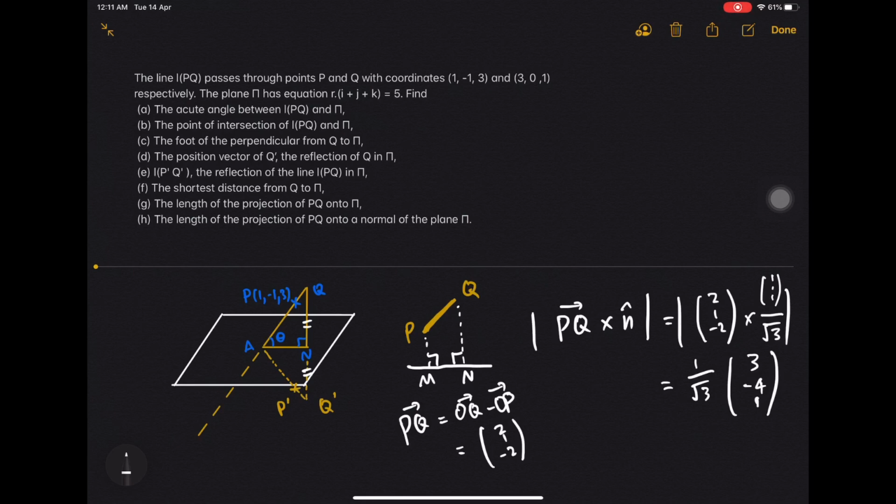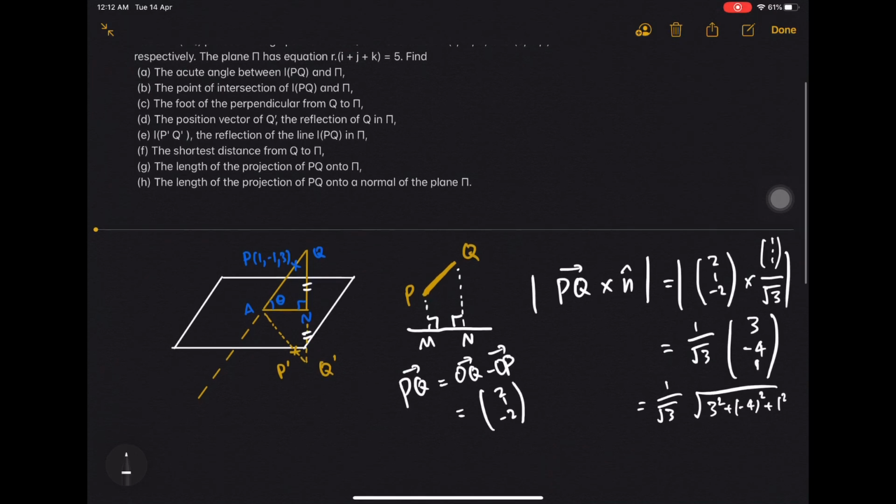To find the distance, all we need to do is take the square root of 3 squared plus minus 4 squared plus 1 squared. You press this in your calculator, and at the end of the day you get square root 78 over 3 units. So that's how you find the length of projection of PQ onto the plane, not the shortest distance.